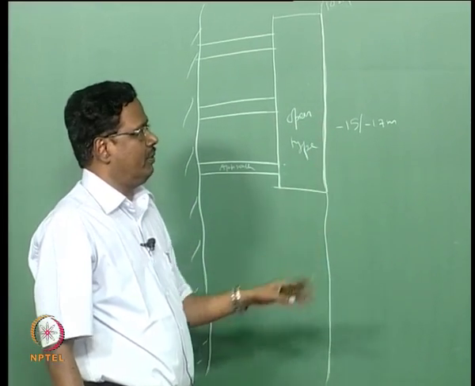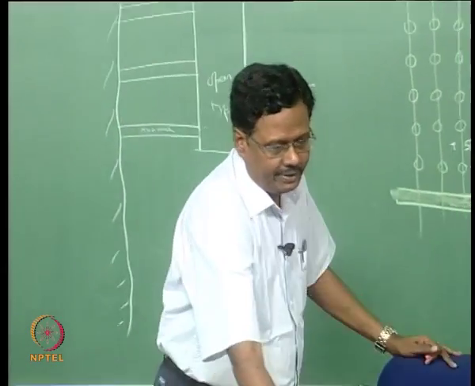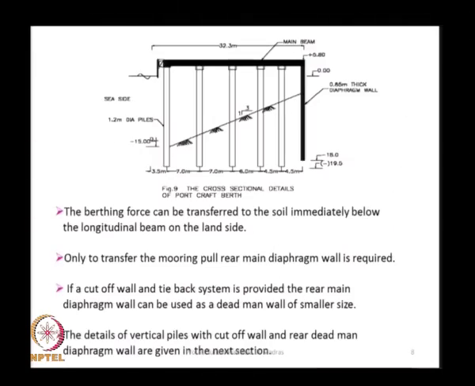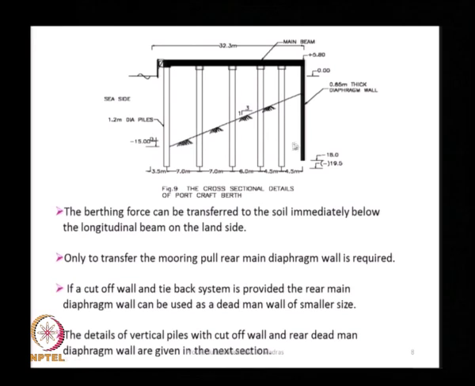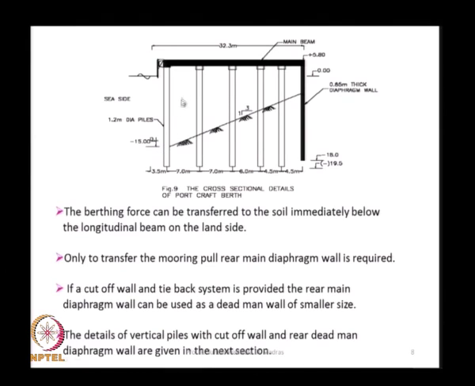So, if you see this figure, suppose this is the structure that is shown here. Here we have more number of piles, about 1, 2, 3, 4, 5 piles. Here the bed level is minus 15. You have the piles here.